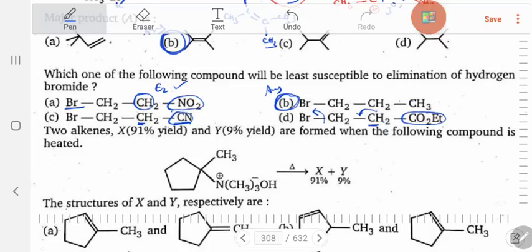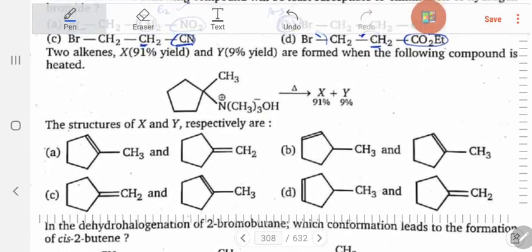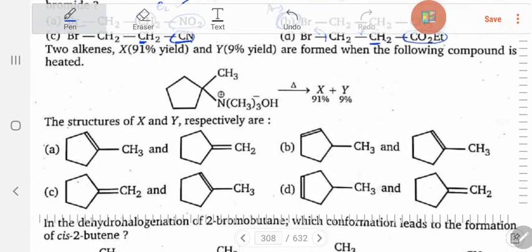Question number 19. Two alkenes X and Y are formed when the following compound is heated. When this is heated, this is nothing but Ei elimination. Pyrolysis elimination means Ei, intramolecular elimination. Now what happens? First this OH minus will abstract hydrogen, and this is not Ei.